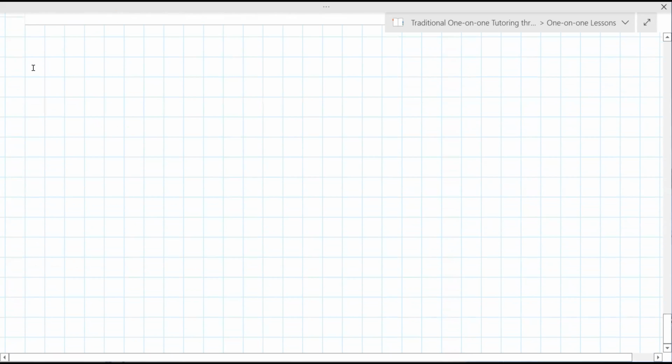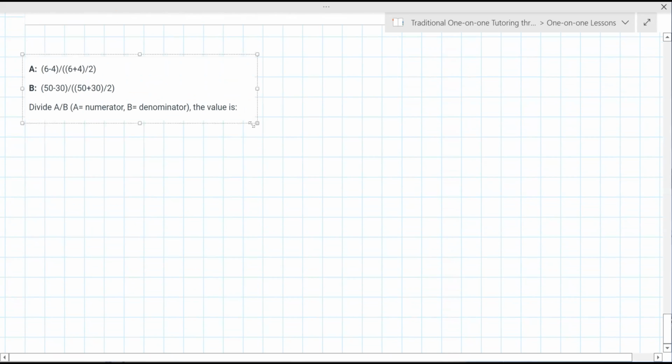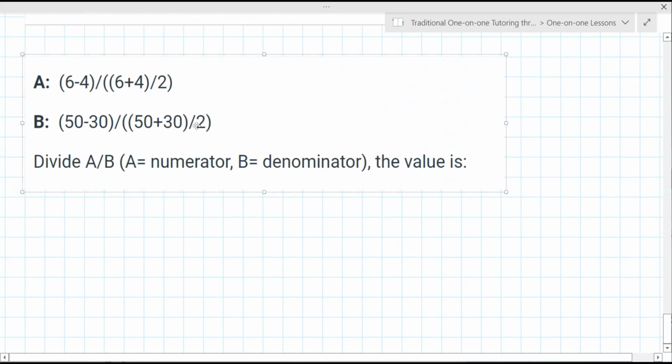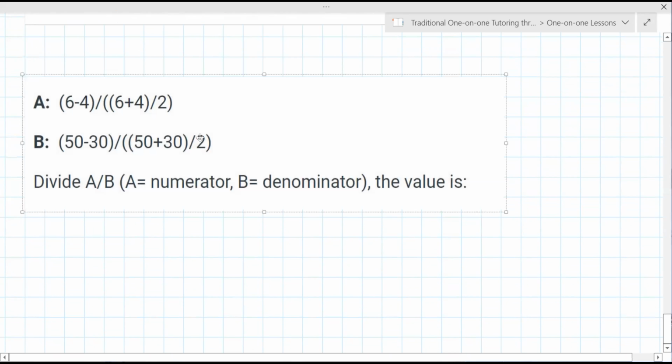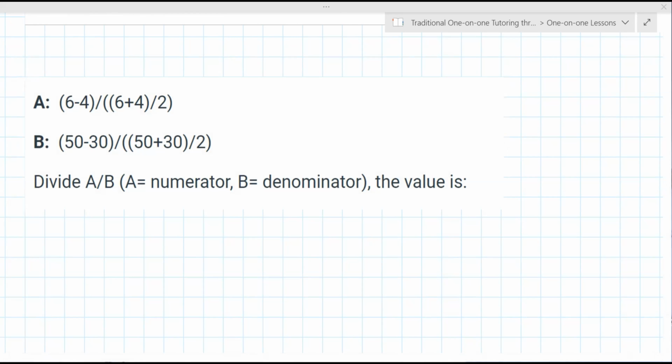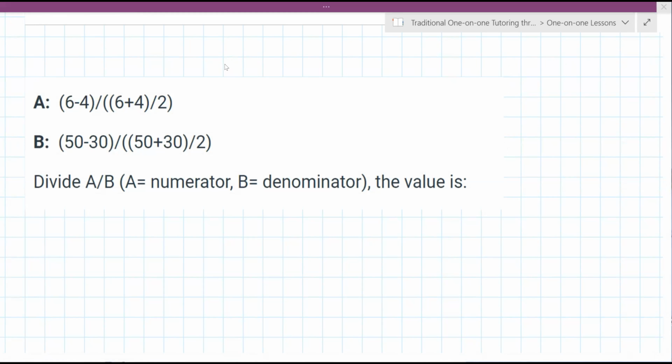Are you allowed to use a calculator in this class? I believe so. Do you have a calculator besides what's on your phone? Yes. If it were me, I would try seeing if you have a little regular one, because last year they wouldn't let us use a graphing one, so we just used a little regular one. I want to know if you can calculate this or if you need some help in how to do it. Can you try calculating A up here?